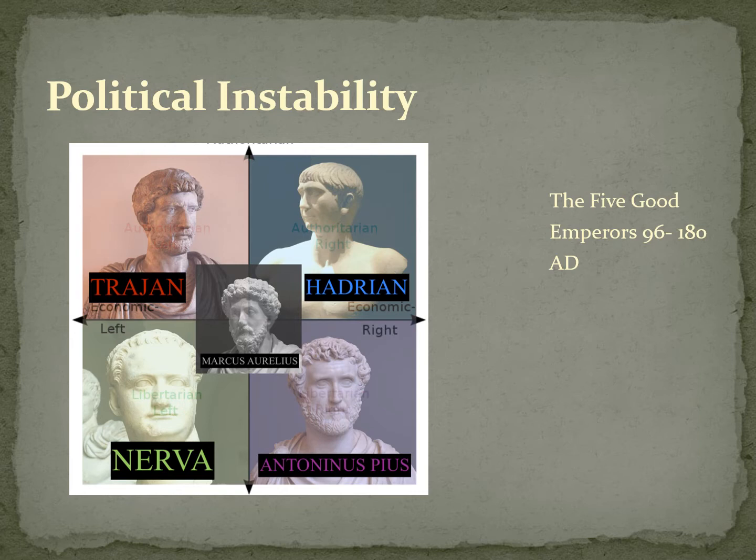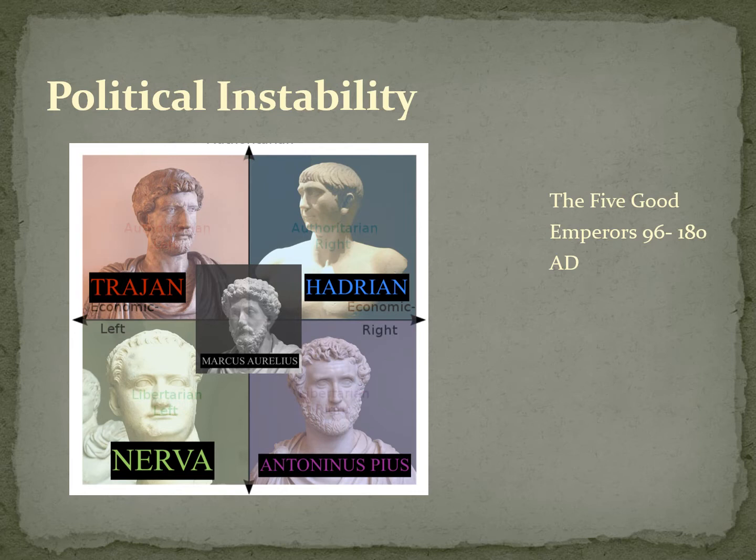All of these individuals followed Augustus's policies of adopting a successor. None of them had a natural-born heir of their own, except the last one, Marcus Aurelius, who we'll talk about. But everybody else adopted somebody, and they did a good job. They adopted qualified candidates. And the other important thing about these emperors is they also followed Augustus in working closely with the Senate.